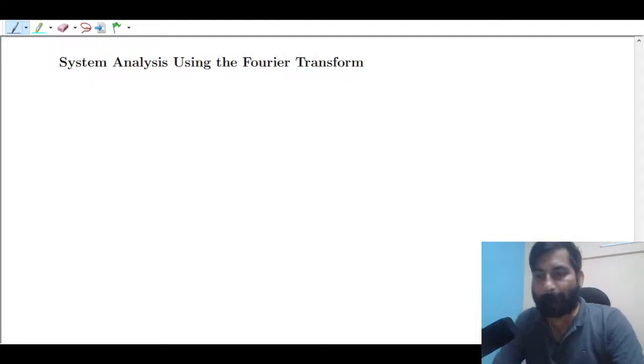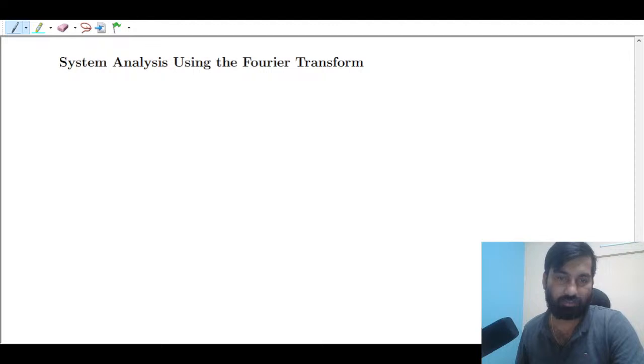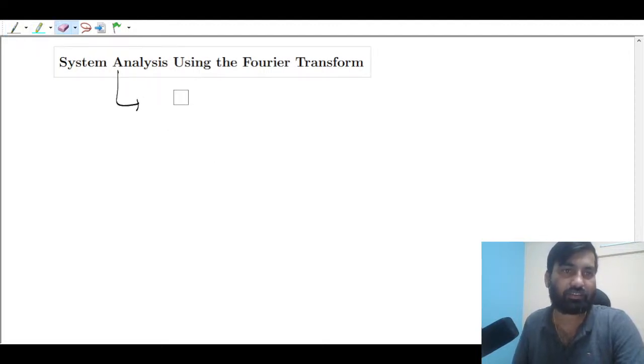Conceptually the Fourier transform can be used for analysis of a relaxed LTI system. Remember, the system must be a relaxed LTI system.